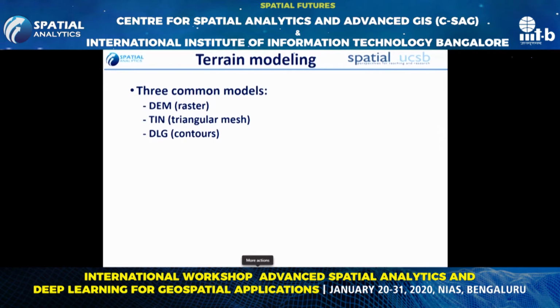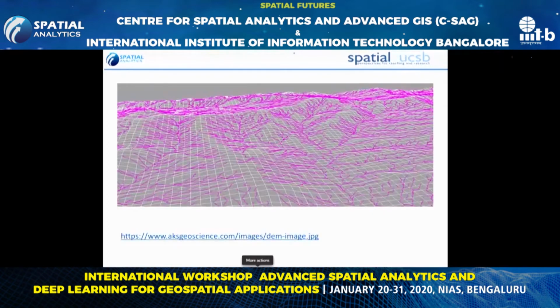And then the third, digitizing the contours from a topographic map, a DLG or digital line graph. So here is the digital elevation model, the raster, and superimposed on that is hydrography, the streams and rivers. So you can see elevation is simply represented as a raster.